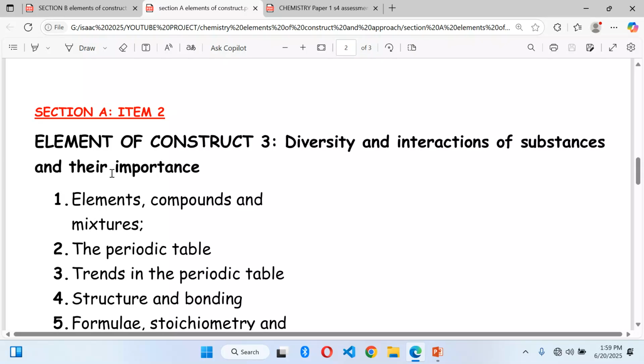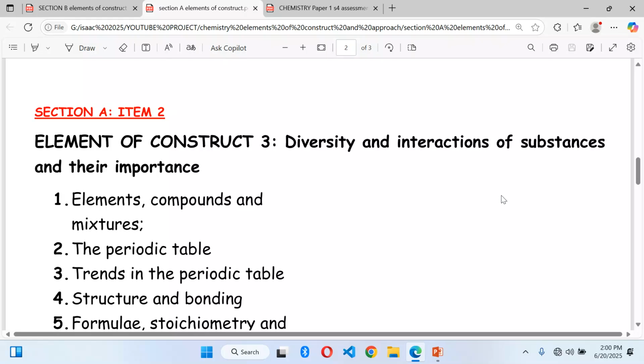So specifically for this assessment, I want our candidates to get used to these items of Section A, and in this paper specifically, both items, number 1 and number 2 for Section A, are all coming from this element of construct.